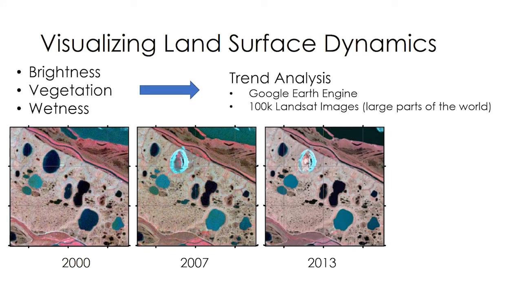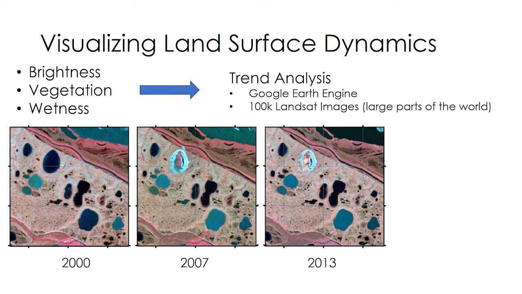And we take these types of information, the brightness, the vegetation, and the wetness, and these changes over time. So we create a simple trend analysis on all the input data which we have, typically from summer in that area, and take the trend or the spatiotemporal change of the brightness, vegetation, and wetness.